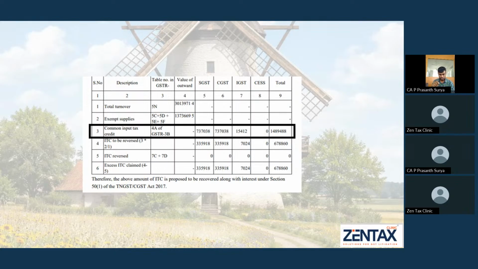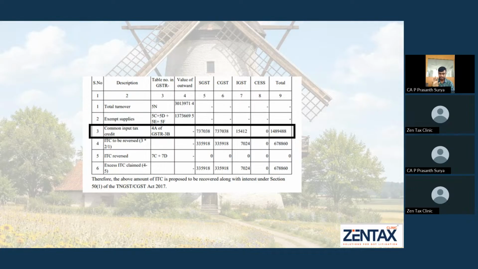So this is the first thing that we should note, because I'm also aware that the due date for financial year 21-22 is approaching. So if any notices are pending to be attended, please look into the matter that the common credit reversal ITC given entirely in the notice is not the common credit ITC, because that is what information is available with the department.